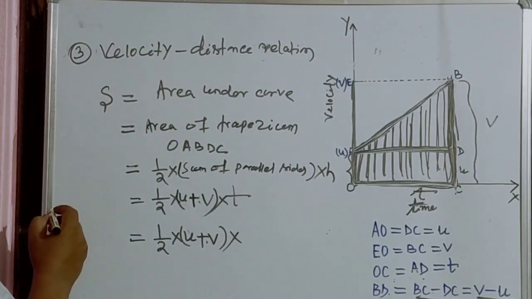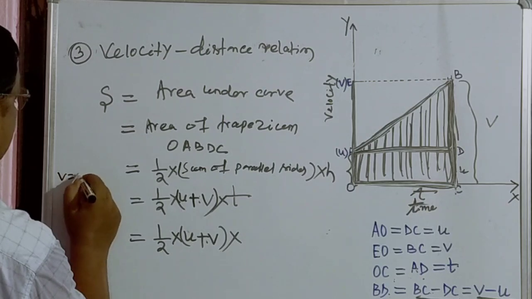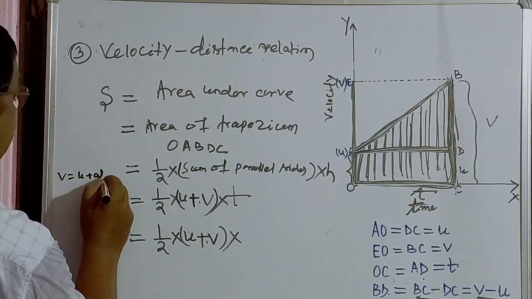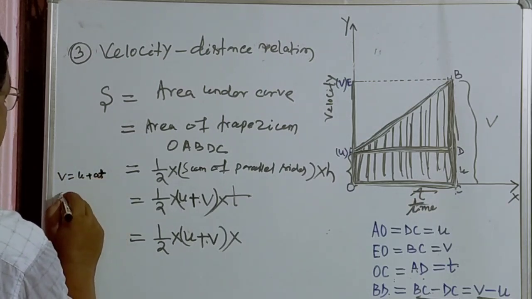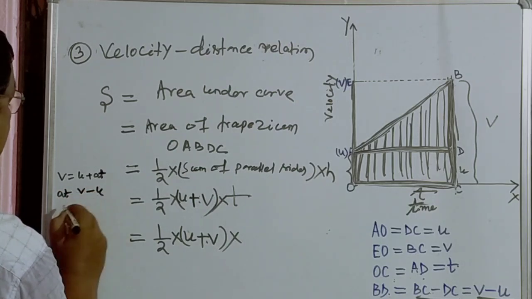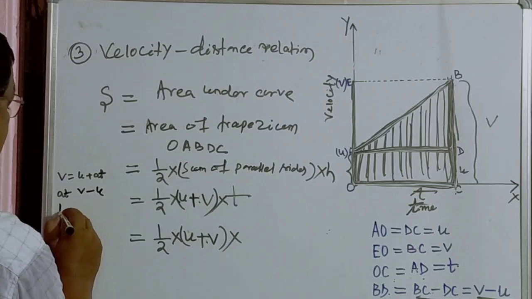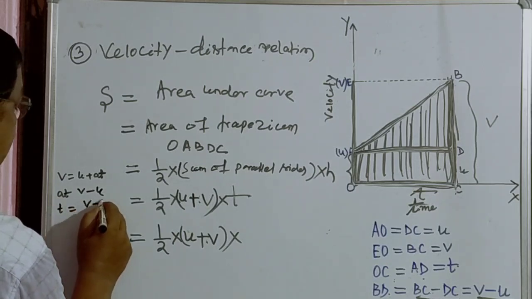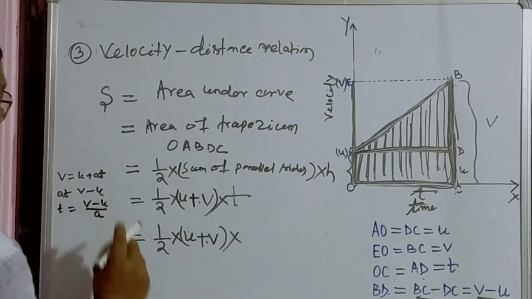What is the first equation? V is equal to U plus AT. So AT is equal to V minus U. So T is equal to V minus U by A.